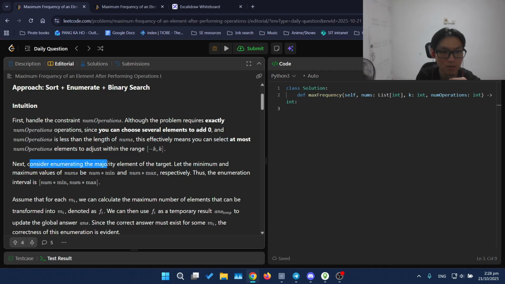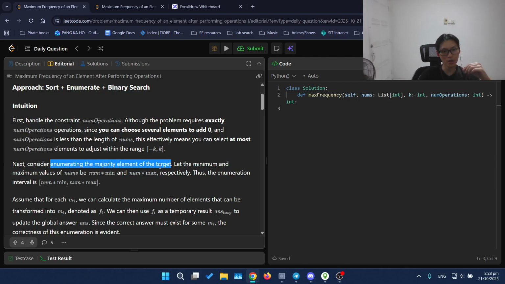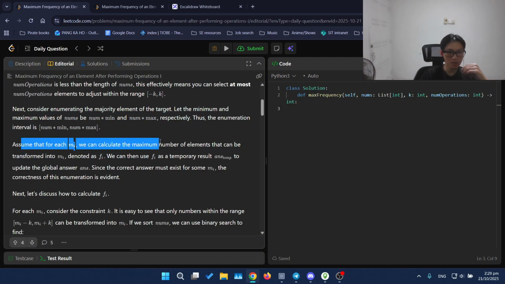Let the minimum and maximum values be num times min, num times max. Next, consider enumerating the majority element of the target. Assume for each mi, calculate the maximum number of elements that can be transformed into mi.